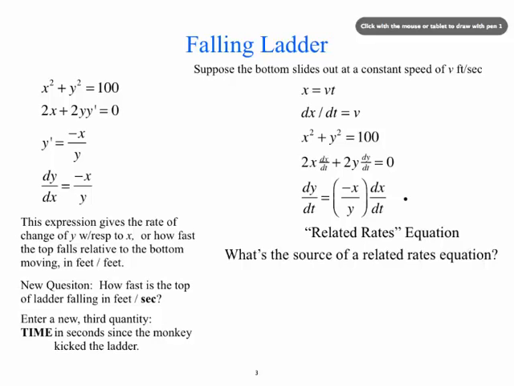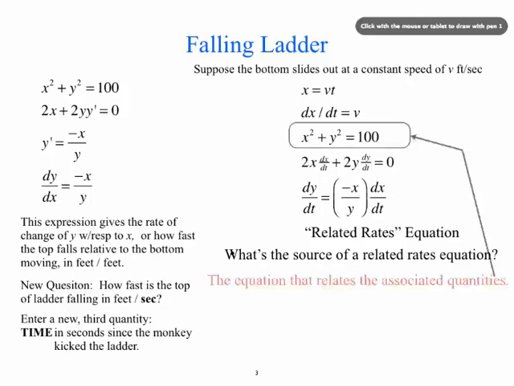So then the question is, we talked about this earlier in class. What's the source of that? Where does it come from originally? This equation. Where did we get it? So what did we start with that we were able to find this? Okay.